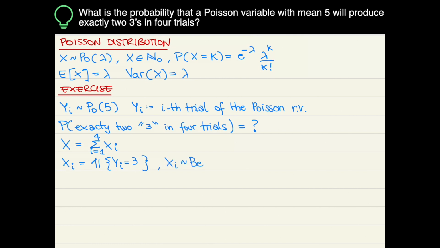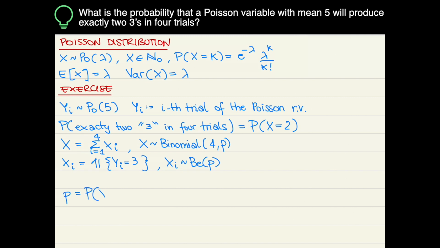We have that xi is of course a Bernoulli random variable with parameter p, and therefore x, as a sum of Bernoulli random variables, is a binomial with parameters 4, p. We are looking for the probability that x is equal to 2. Therefore, we only need to find p to compute this probability.